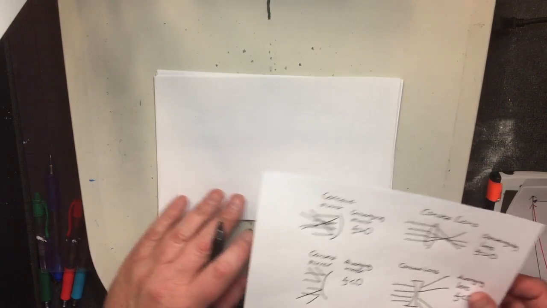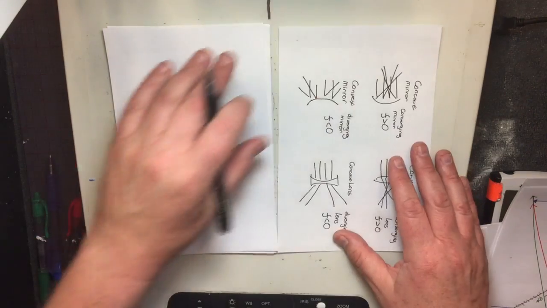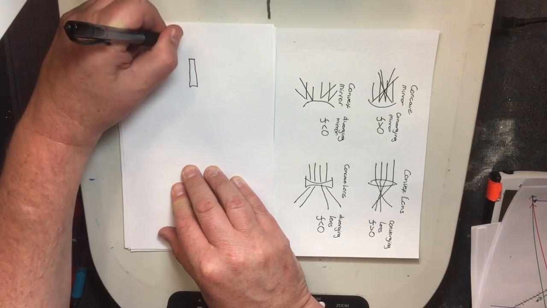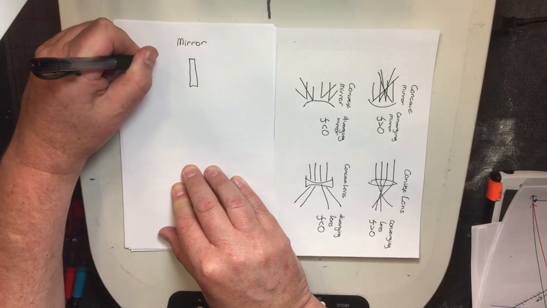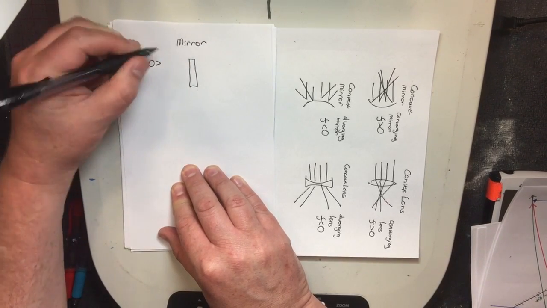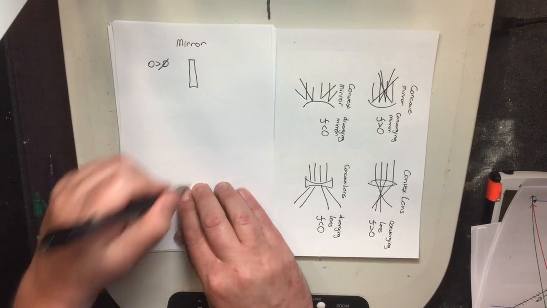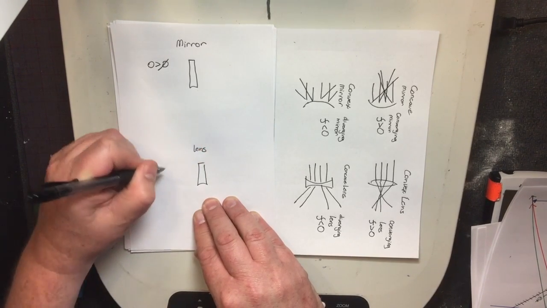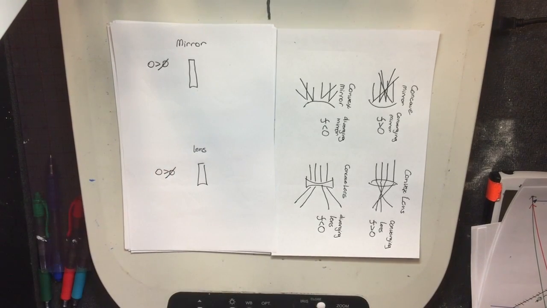Whereas in a mirror, I'll draw this right here so you can kind of look. In a mirror, and I'll draw it just as a block, the objects are always to the left of the mirror. For a lens, objects typically are to the left and they're greater than 0.